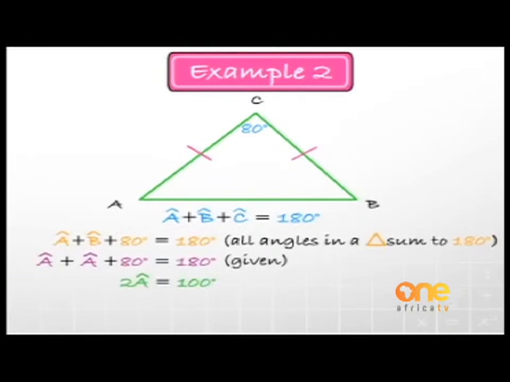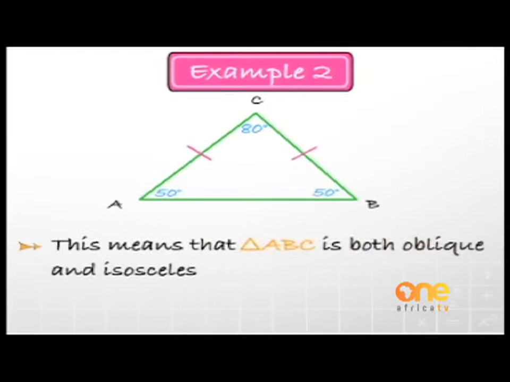This implies that 2 times angle A is equal to 100 degrees, so angle A is equal to 50 degrees, and hence angle B is equal to 50 degrees. This means that triangle ABC is both oblique and isosceles if angle A is equal to angle B, which is equal to 50 degrees, and angle C is equal to 80 degrees.